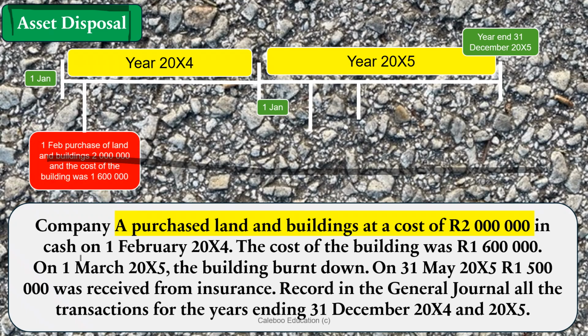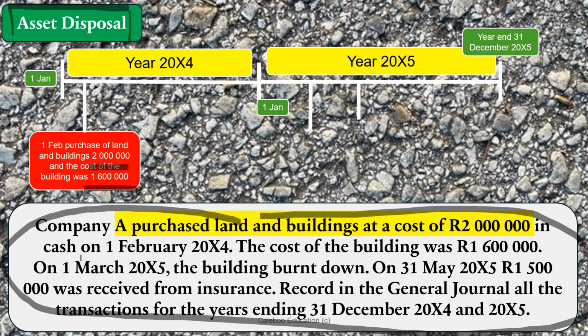So on the 1st of February, we have land and buildings worth 2 million. Of that, the building was 1.6 million. I'm filling in the information just so I get a clear picture of all this written information.